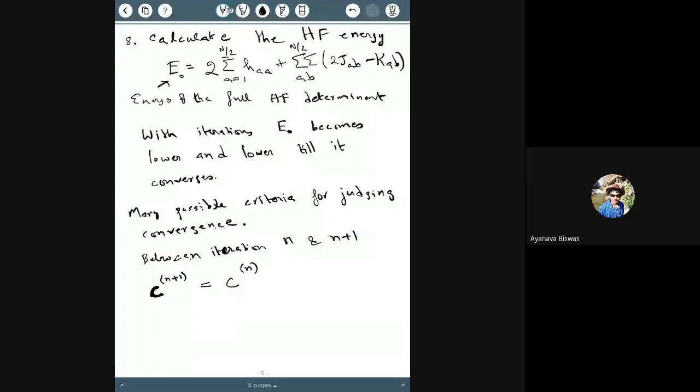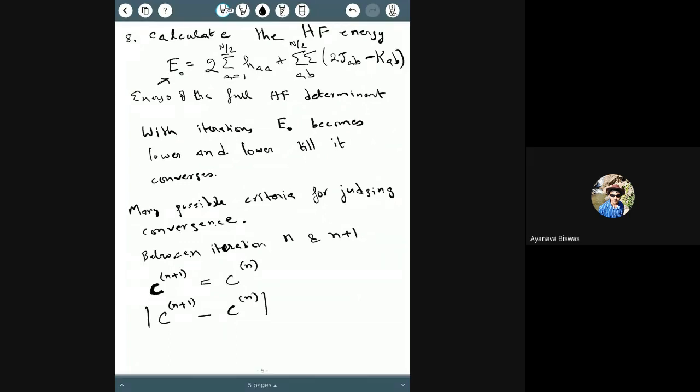This would be ideal, but this is a numerical procedure, it would never be exact. So what you do is check whether the modulus of the difference of the coefficients between the two iterations is less than some threshold. This is one possibility.